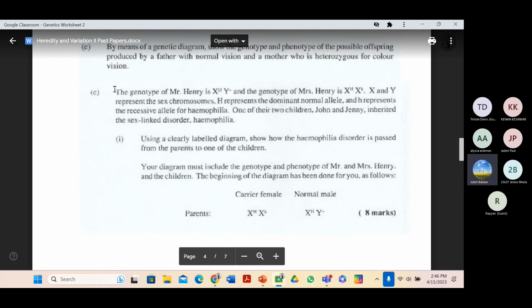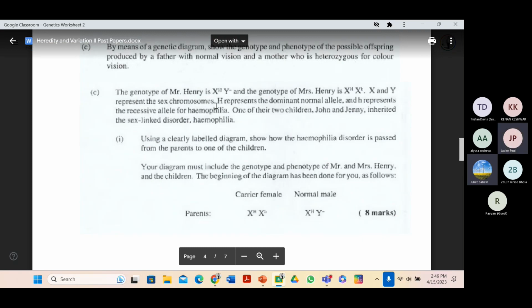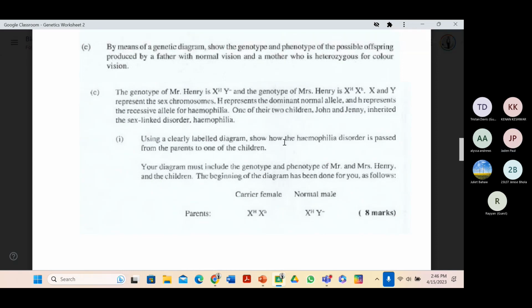Right, Jaden, go ahead and read part C. By means of a genetic diagram, show the genotype and phenotype of this person. The genotype of Mr. Henry is XY, and the genotype of Mrs. Henry is XX. X and Y represent the sex chromosomes.